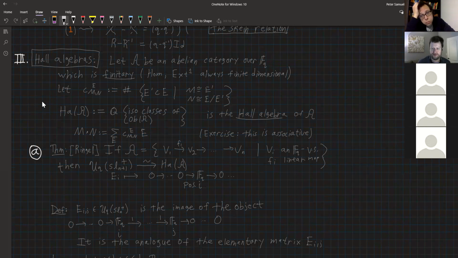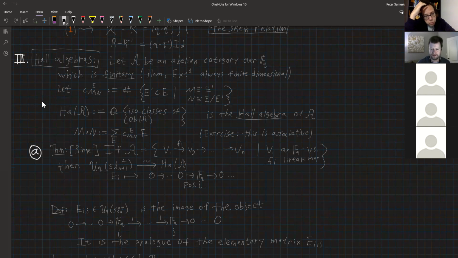So if you take A to be the category of chains of vector spaces, these vector spaces are over the finite field F_q. The objects of the category are n vector spaces together with a map from V_i to V_{i+1}.